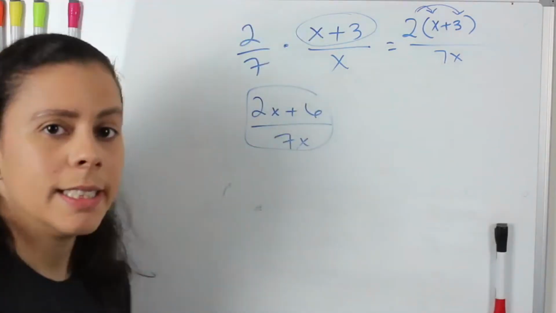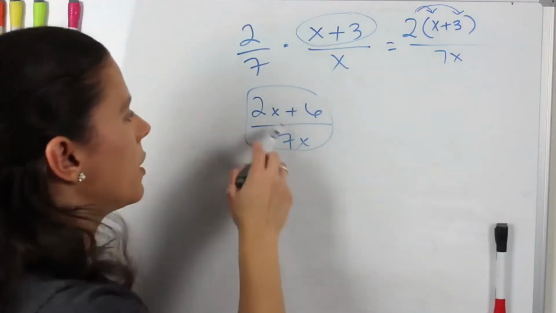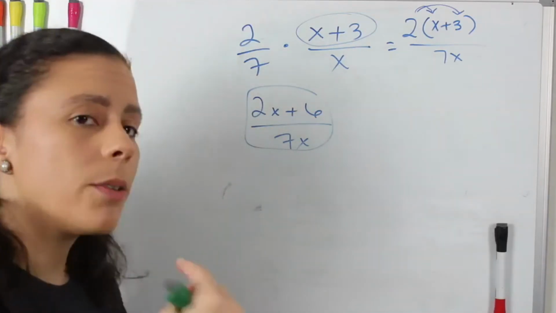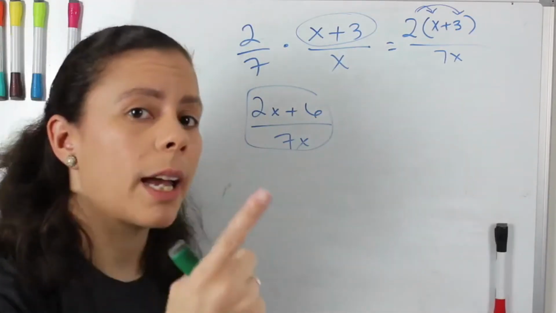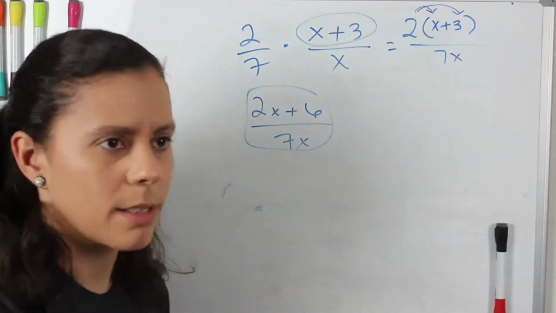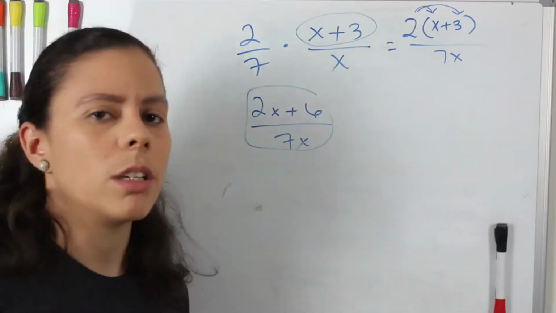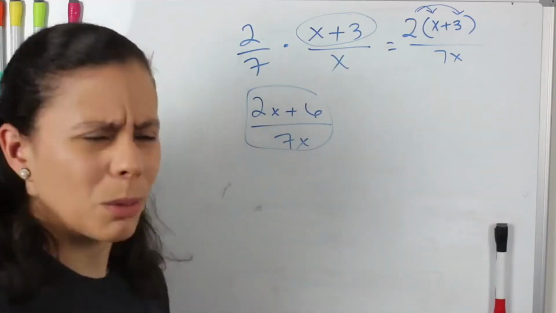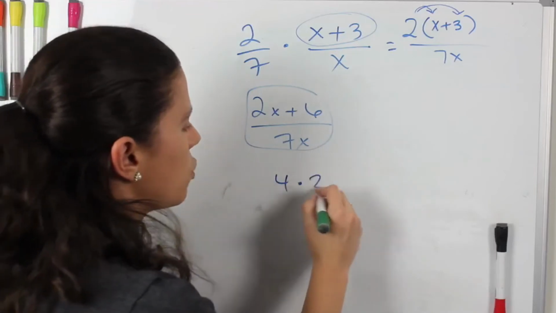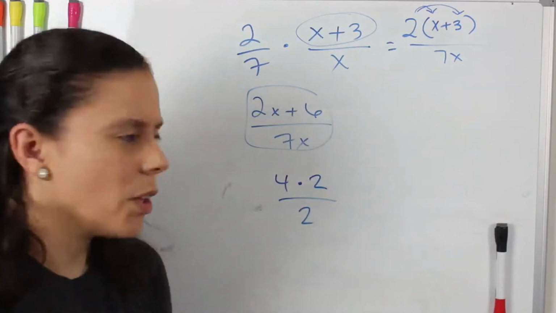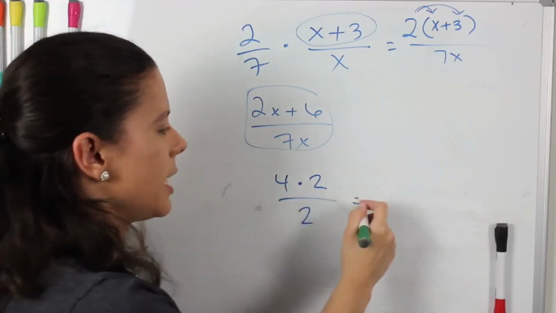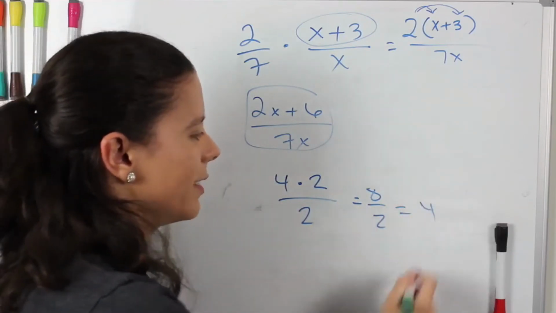Bam, done. Now you're probably thinking, well, there's an x at the top and an x at the bottom. Can you cancel them out? No. Because in the previous exercises, we were multiplying. If you multiply by x and then you divide by the same x, or by the same number, regardless of what it is, then you're just really multiplying by 1. For example, if I have 4 times 2 and then I divide that by 2, well, that's just 4, because 4 times 2 is 8, divided by 2 is 4.